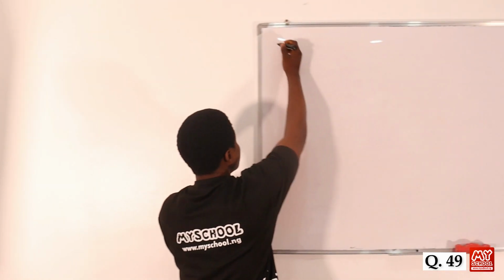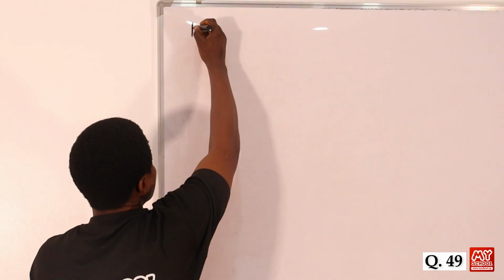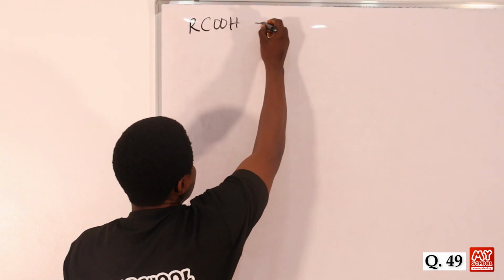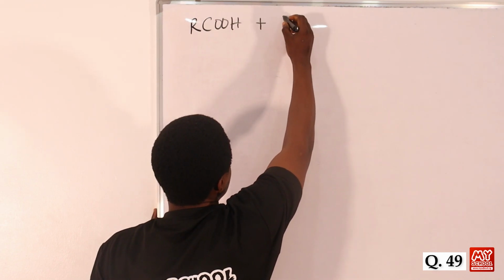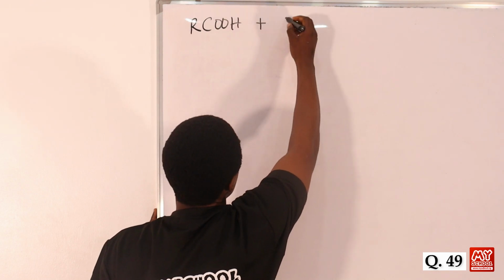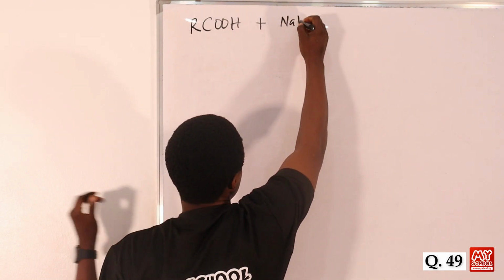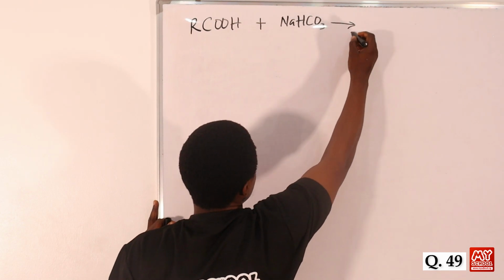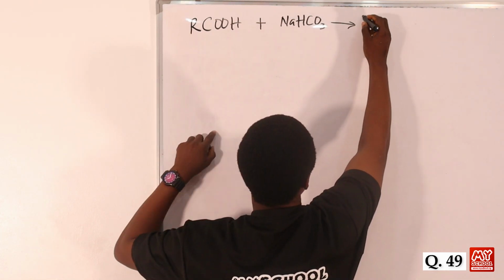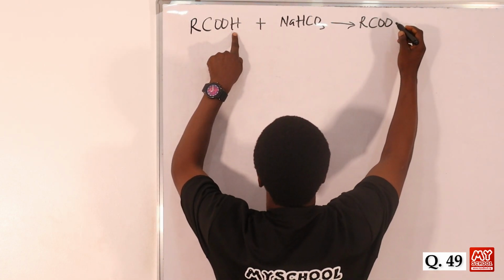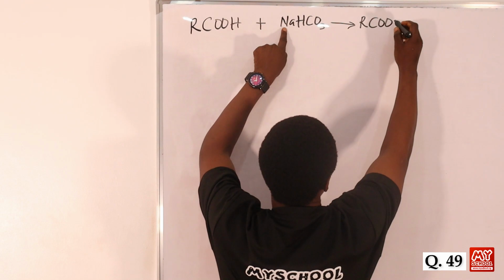Whenever acids, let's say we have RCOOH, react with a carbonate, let's say sodium hydrogen carbonate, that's bicarbonate, what must be given? We will have RCOONa, where the hydrogen is dissociated so that sodium can come in here.